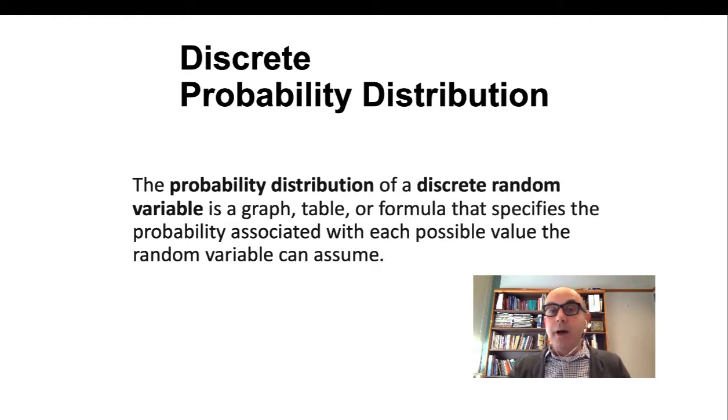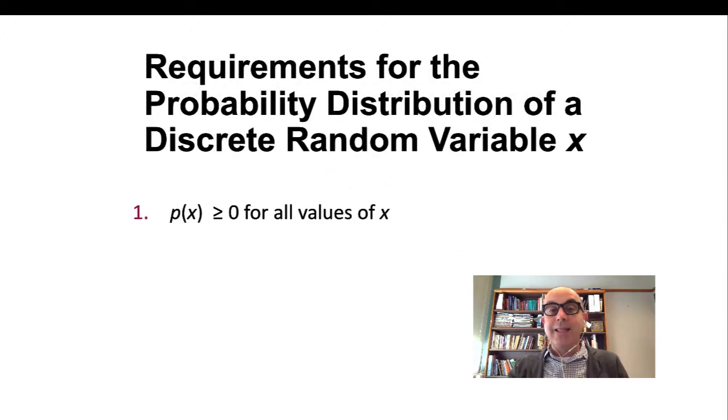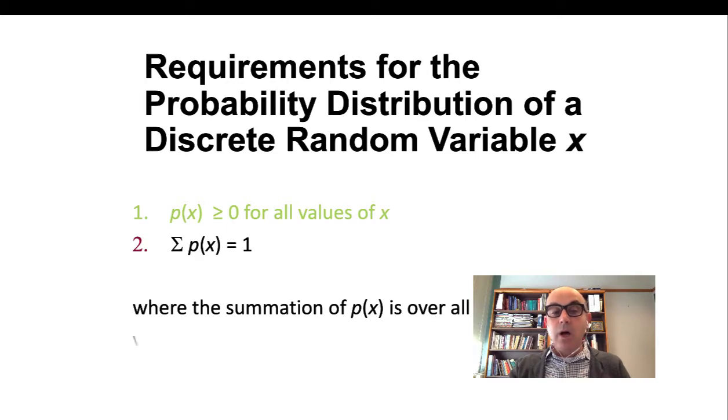So discrete probability distribution of a random variable is often used in order for us to illustrate the idea of probability. So the P(x) is greater than or equal to 0 for all values of x, and it will be equal to the assumption of the value of x.